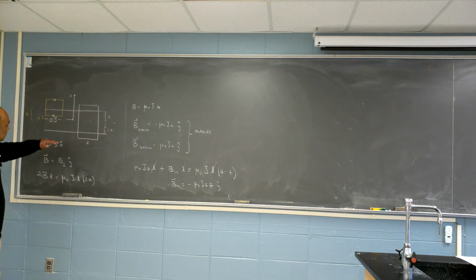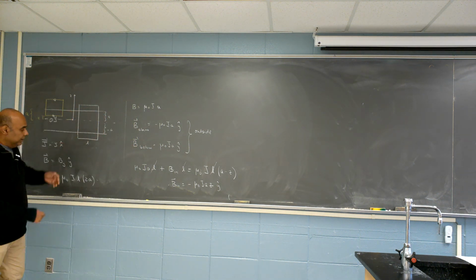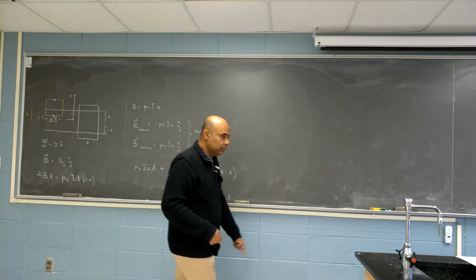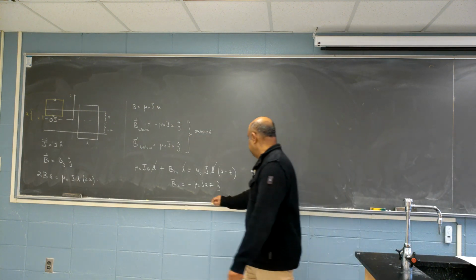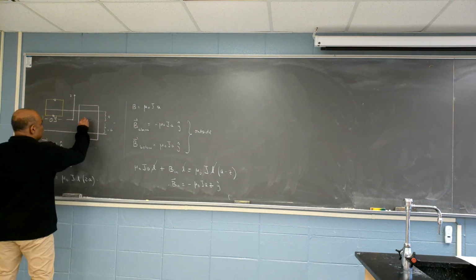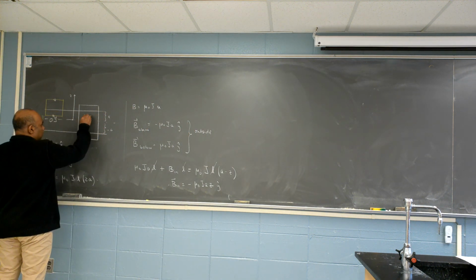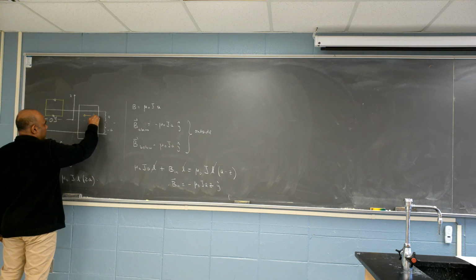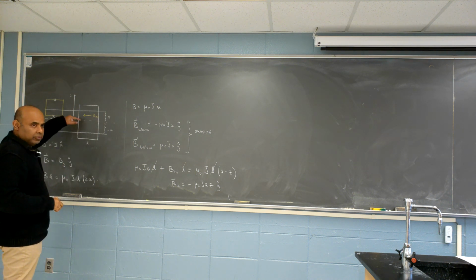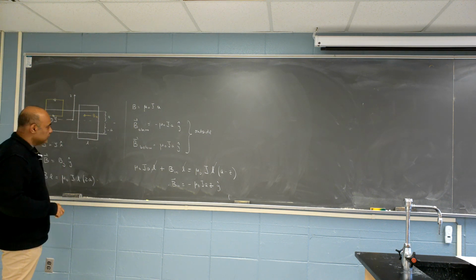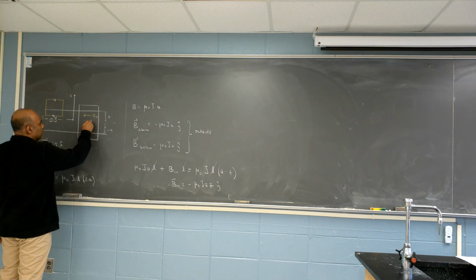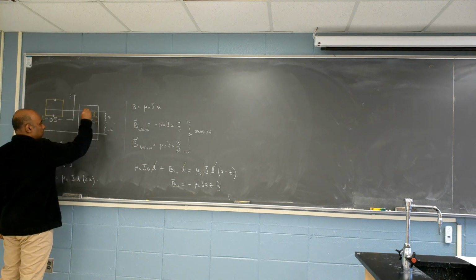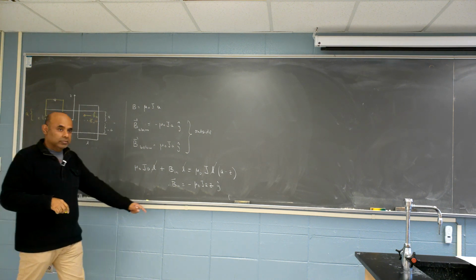So notice B inside is in the negative y hat direction here. And the same argument is true all the way through, and B here is zero because Z is 0.